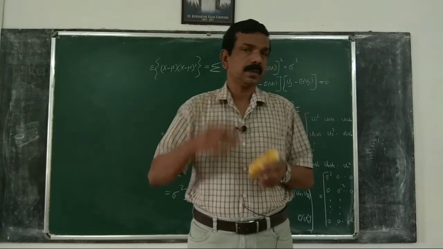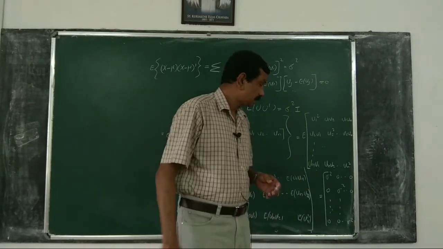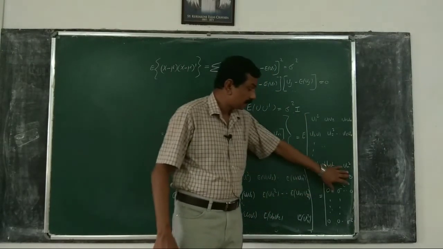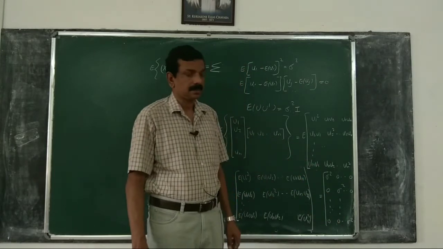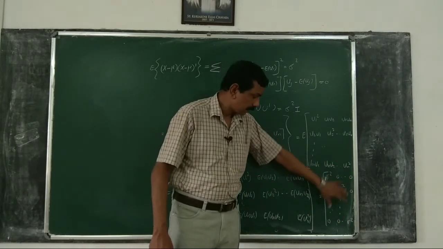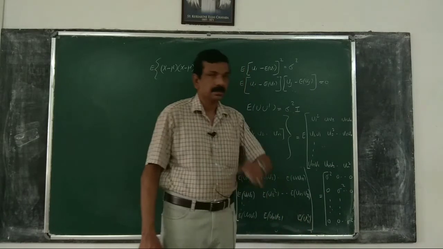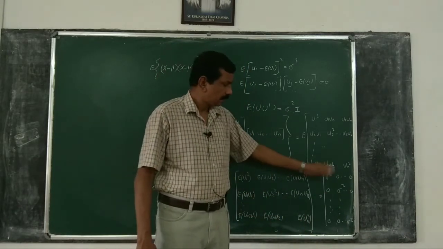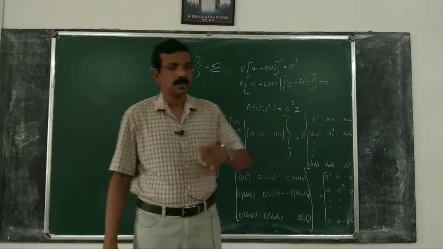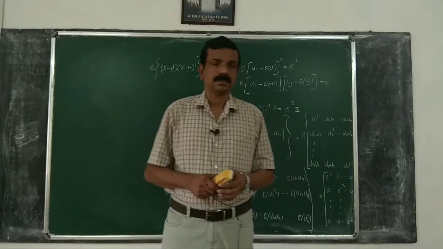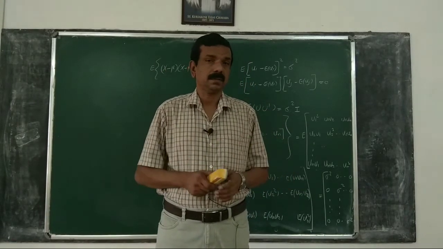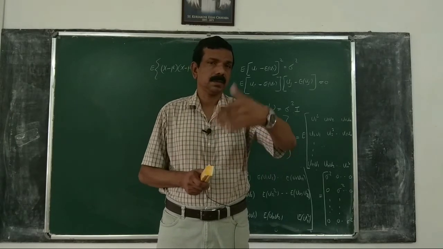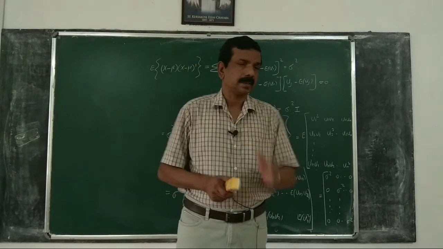The variance covariance matrix is symmetric, which means if you interchange rows and columns, you get the same matrix. It is also positive definite, a term we will explain in a later class.